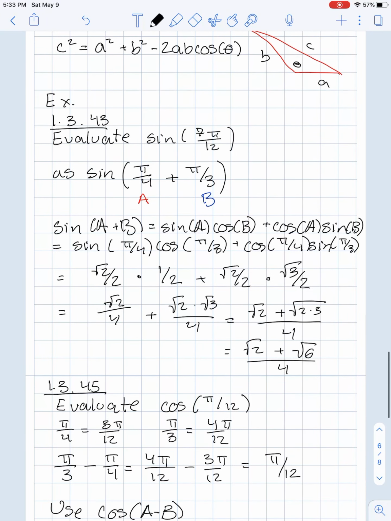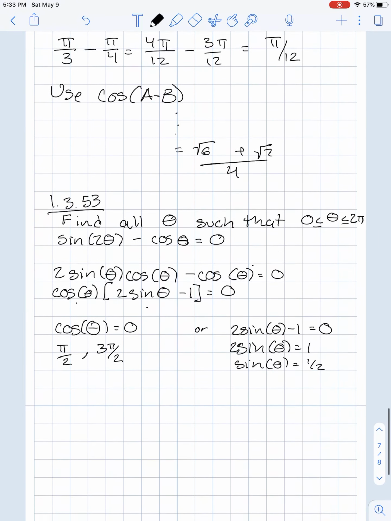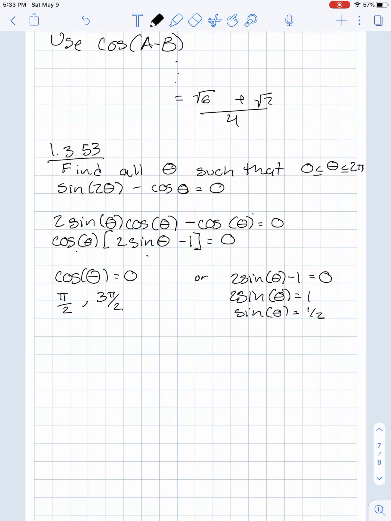Remember that we're only going to be positive in the first quadrant and the second quadrant. So we're going to have it at pi over 6 and 5 pi over 6. If I went beyond and chose 7 pi over 6, that would actually give me a sine of negative 1/2. So that's why it's good to know that quadrant trick of all students take calculus.